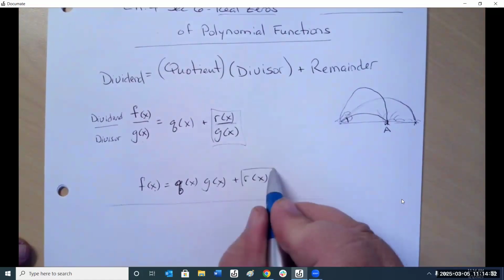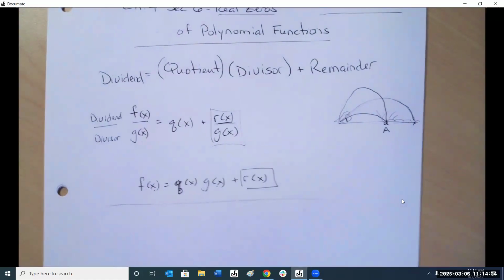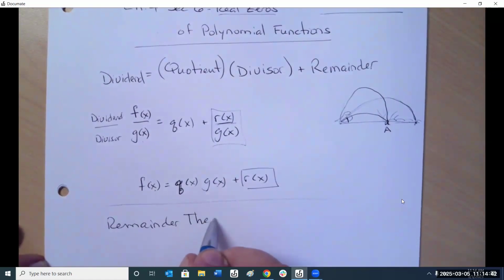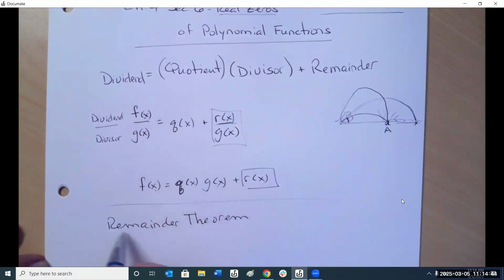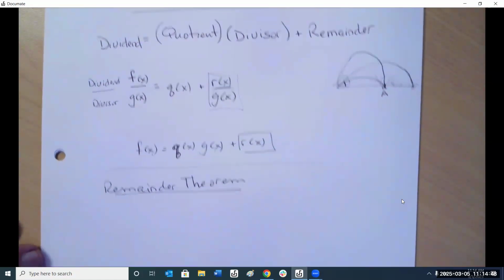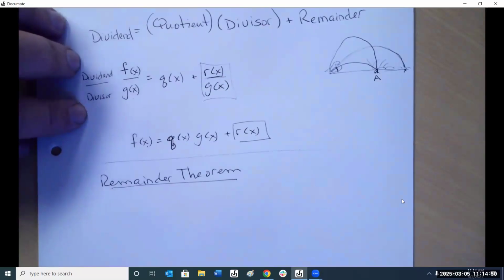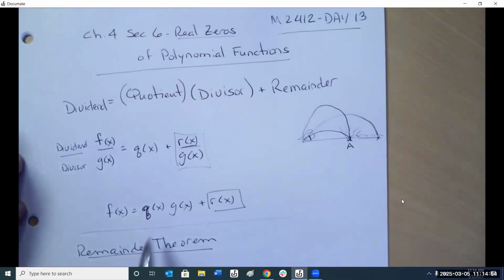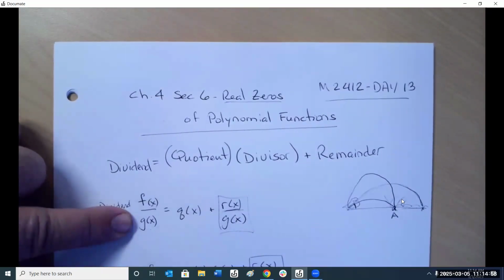Why is it important? The first topic is going to talk about the remainder theorem. Everybody okay with everything on top? This is my original equation.